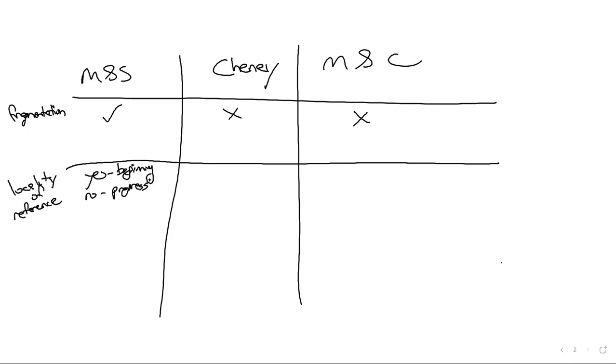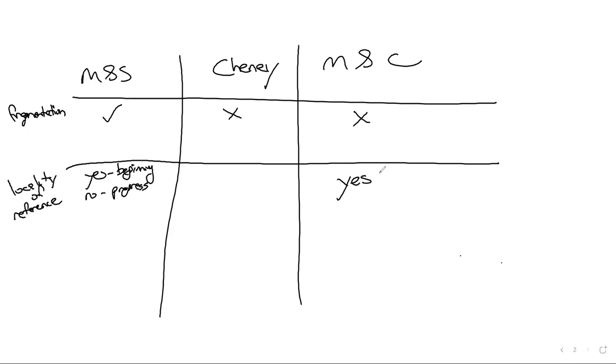Does mark and compact have locality of reference? Well, since we do not have a fragmentation problem, data is usually allocated continuously one after the other. And therefore the fact that we actually move them afterwards into the beginning of the heap does not influence the locality of reference. So the answer would probably be yes.